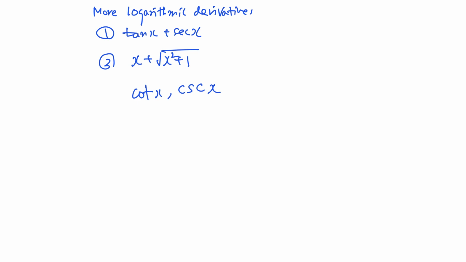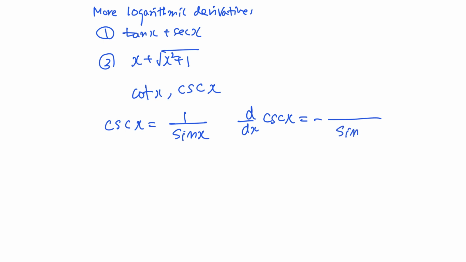So csc x is 1 over sine x, right? So d/dx of csc x is minus cosine x over sine squared x.